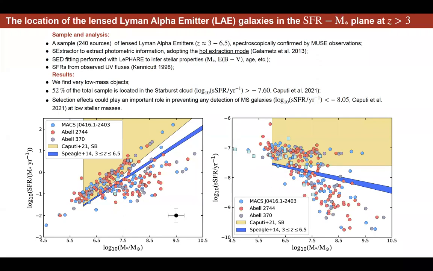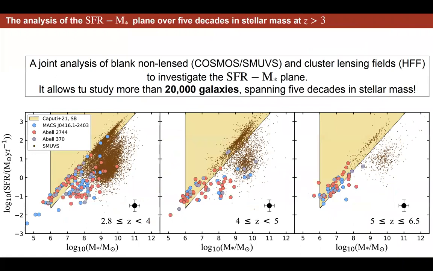And to do so, we considered the SMAVS galaxies. SMAVS is a survey in the COSMOS field over 0.66 square degree. In the survey, we can study galaxy evolution over a wide redshift range from 0 to 7, if I'm not wrong. And in this case, we only consider all the star-forming galaxies between redshift 2.8 and 6.5.